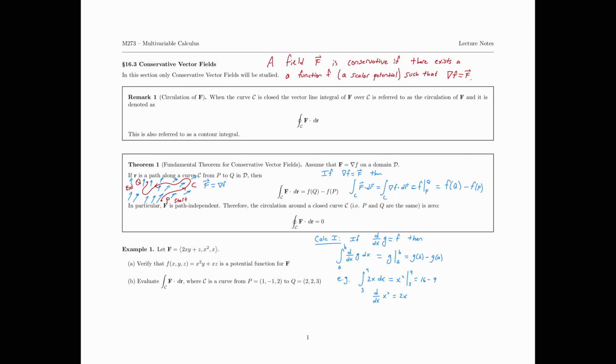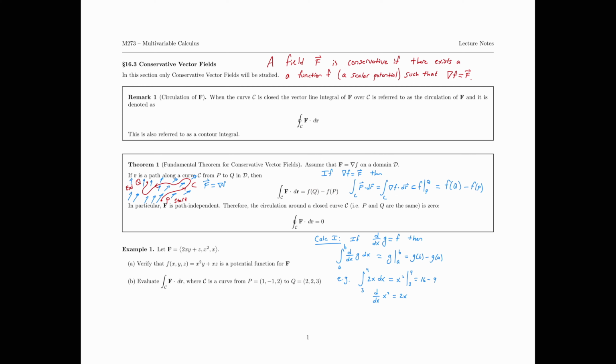All right. So that's nice. If you're integrating over a conservative vector field and you know or can find a potential, then instead of doing all the evaluations that we did by evaluating like this, we can just figure out a potential function and then plug in our endpoints. Sometimes this is easier.